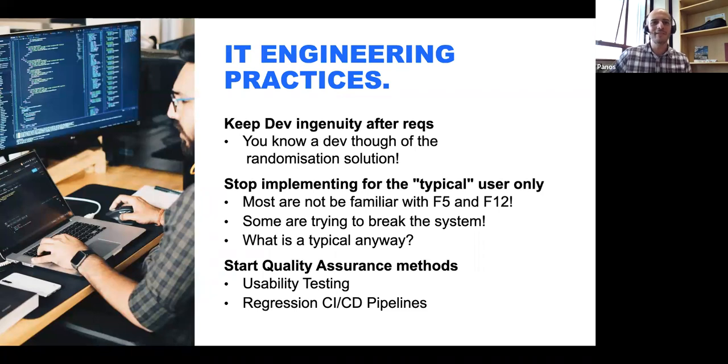We believe this idea of randomizing the lobby was probably a smart developer coming up with it. I'm not sure, but I think so. This kind of intrinsic problem solving that software engineers have is something that we should definitely keep, and it's probably what gives the biggest joy in our profession: the capacity to solve cool problems in innovative ways. So this is definitely a keeper.